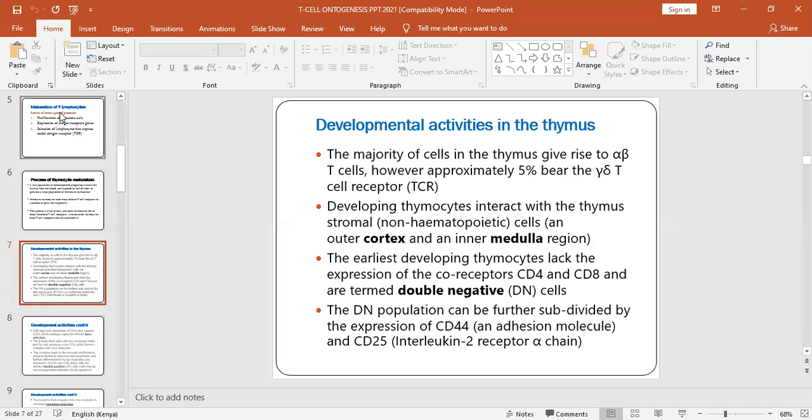Now, this double negative population can further be subdivided into various cells, depending on which kind of antigen they express. If they express the CD44, which is an adhesive molecule, or the CD25, which is the interleukin-2 receptor alpha chain.